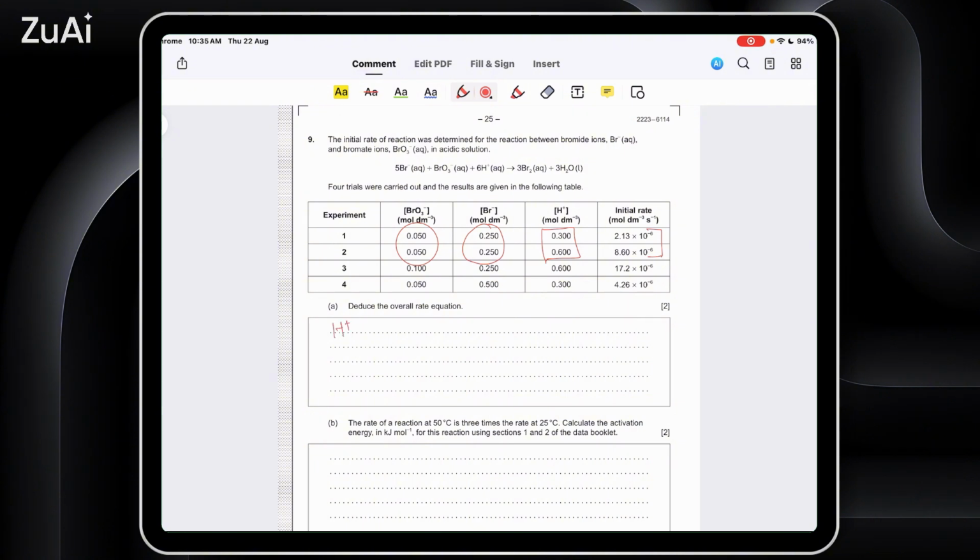Hydrogen ion change, 0.6 divided by 0.3, divide them, and 8.60 times 10 raised to power negative 6 divided by 2.13 times 10 raised to power negative 6, and see the sequence. So you will get the 2 and almost 4.